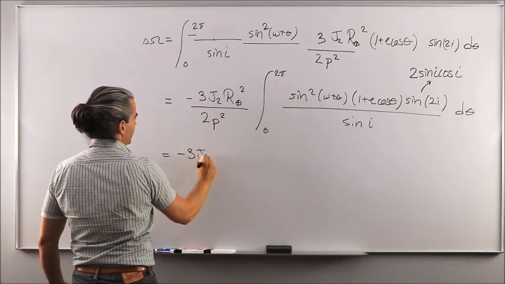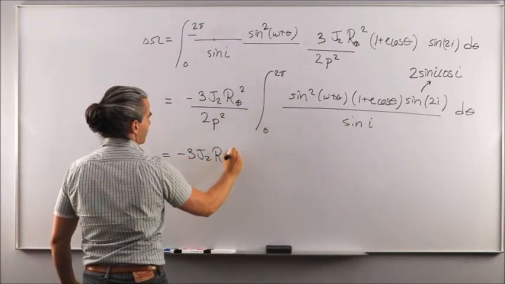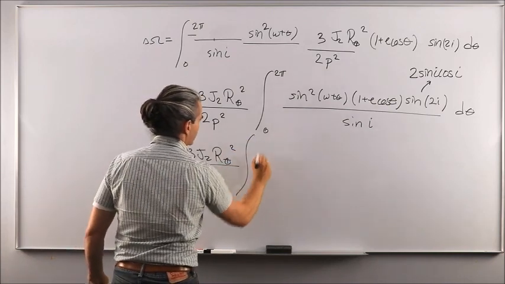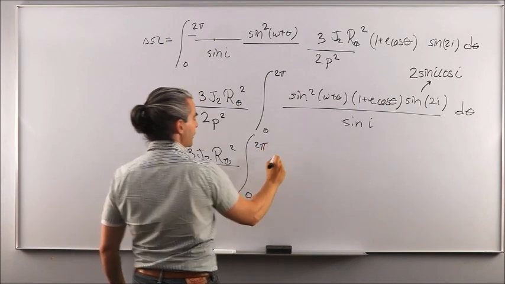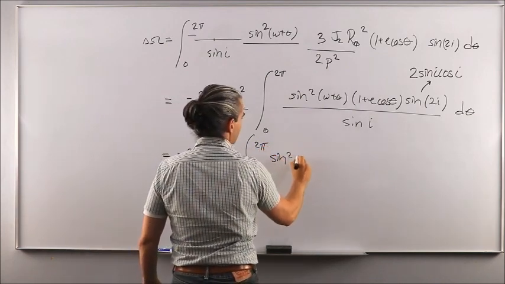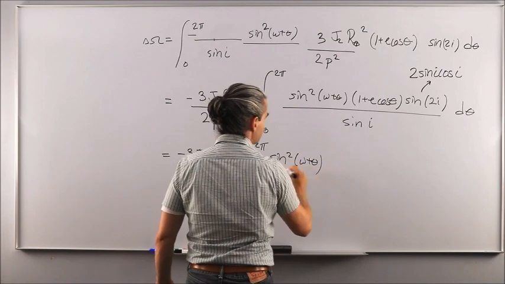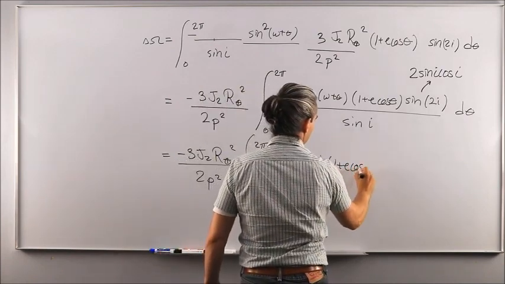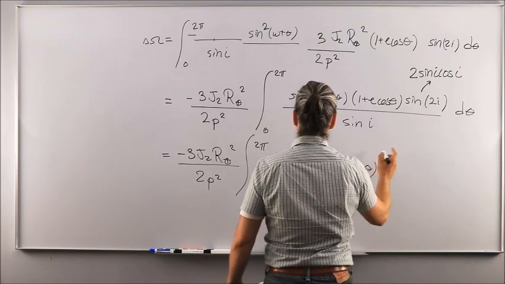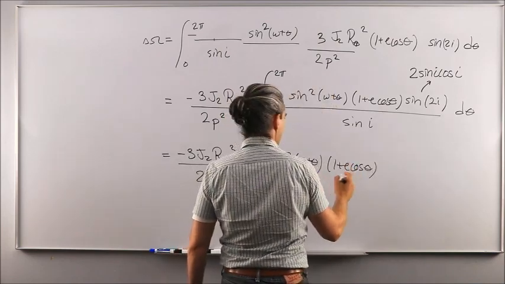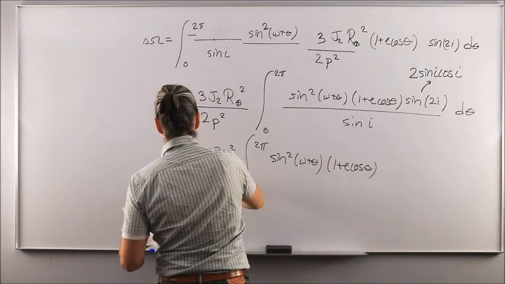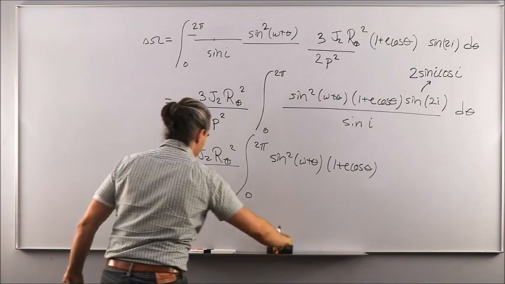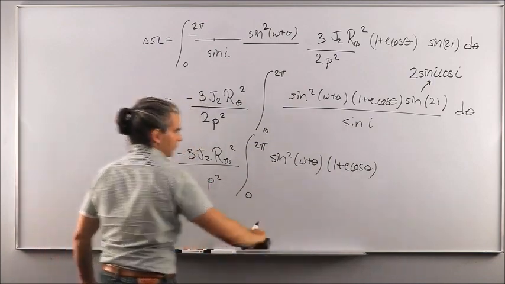Minus 3 J2 R Earth squared over 2 p squared, integral 0 to 2 pi, sine squared argument of latitude, 1 plus e cos theta. And I can pull out my 2 in front of everything, the 2 for this trig identity, and just cancel the 2 on the bottom here.